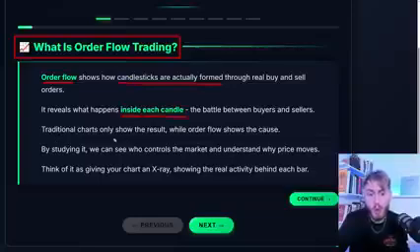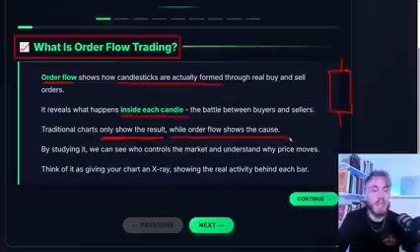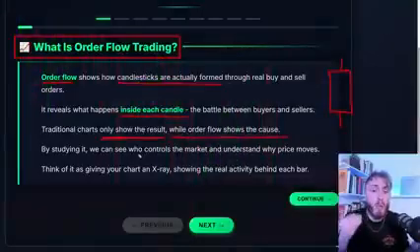Traditional charts only show the results. So if you have a normal candle, you only see the price result of that candle. But with order flow, we can dive even deeper and show the cause. Why did the candle form? And if we can understand why the candle formed, we can, as a result, make better trading decisions.